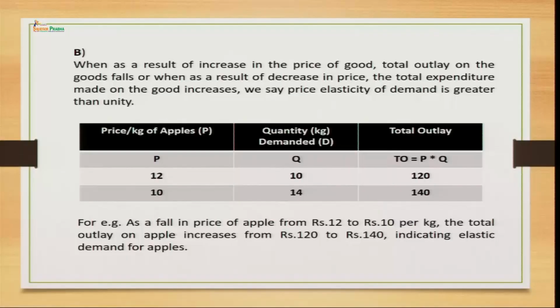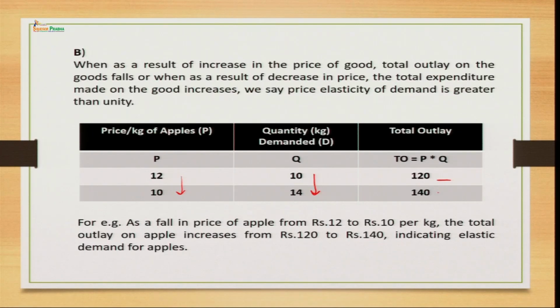Moving ahead, let us discuss the second situation. Same, we have taken the 3 columns. Here also we are representing the price. When the price of apple was 12 rupees, the quantity demanded was 10, which makes the total outlay 120. Now, we can see when the price reduces to 10 rupees, the demand increases from 10 kgs to 14 kgs. That means a lesser change in the price causes more change in the quantity demanded.